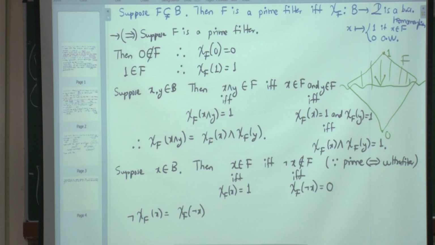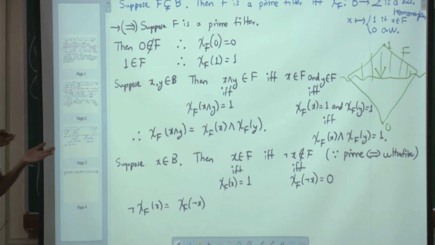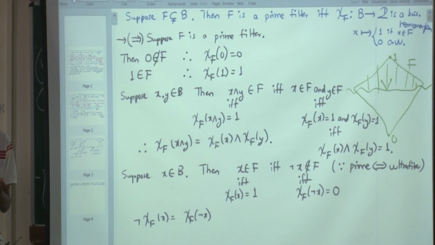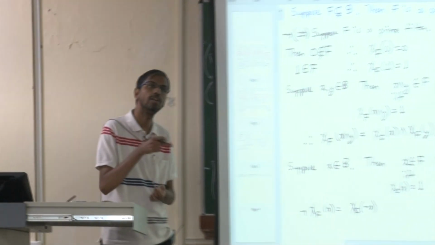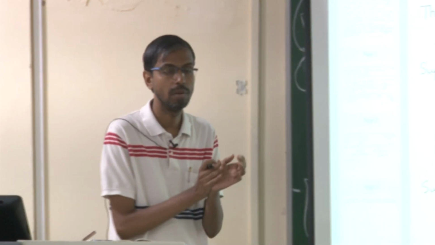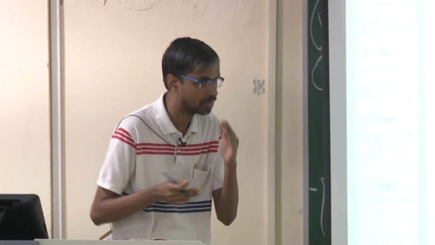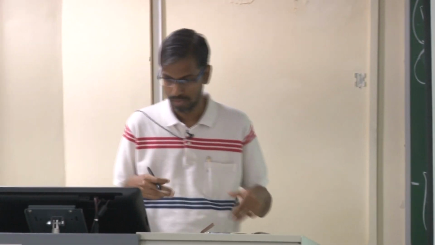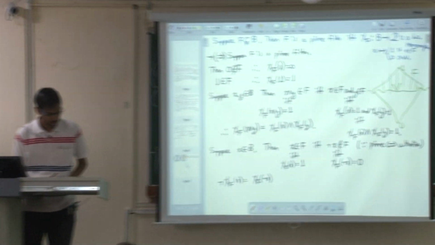Okay, I have shown one side. Please complete the other side. You just have to use the definition that a homomorphism is a map which preserves 0, 1, join, meet, and complements. Yeah, and then conclude something about the filter side as well. Okay.